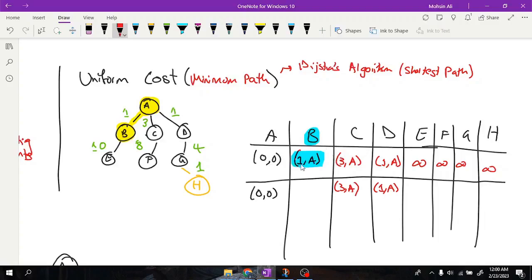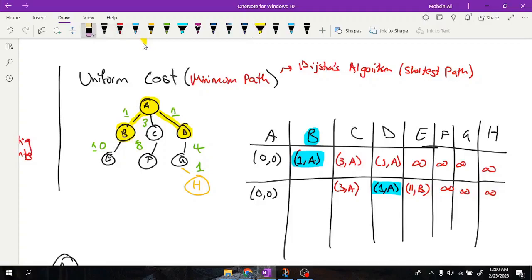So I have 1 from A to B. So now this is going to take you a cost of 10 plus 1 from B. So this is going to be 11 comma B, right? And now you're going to see, hey, which cost is the least? And in this case, we will find that it is this one, which is the least one. So we're going to choose this path.